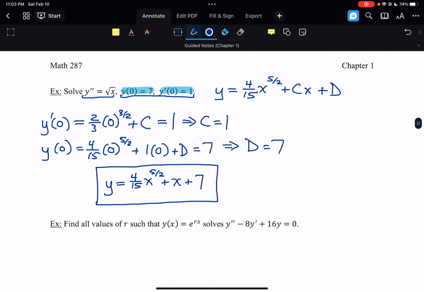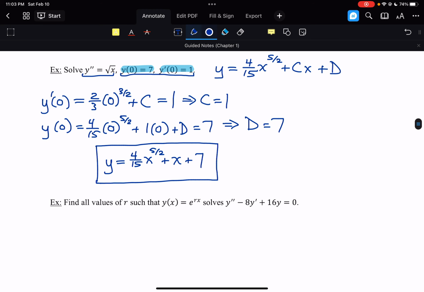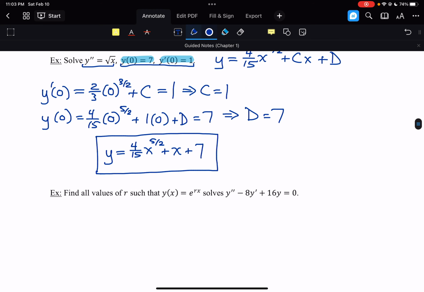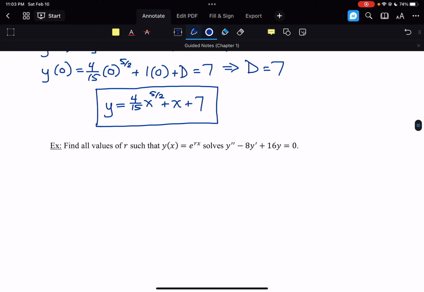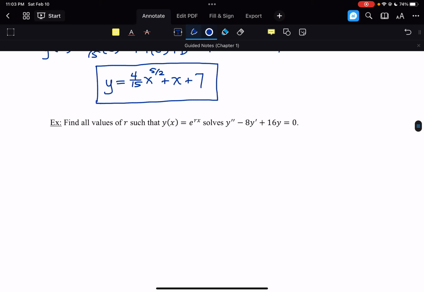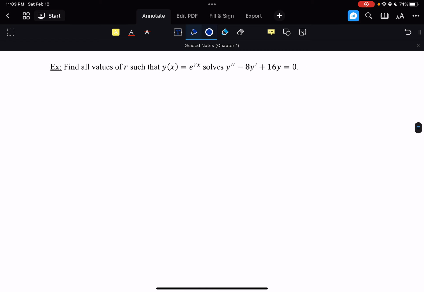Looking at a slightly different example, here they give us the general form of a solution, and they ask us to basically fill in the gaps. Find all values of r such that y of x equals e to the rx solves this differential equation. So we have y, we need y prime, we need y double prime.